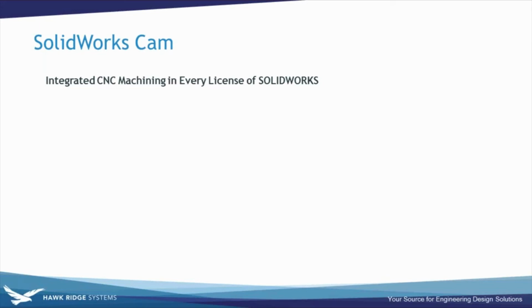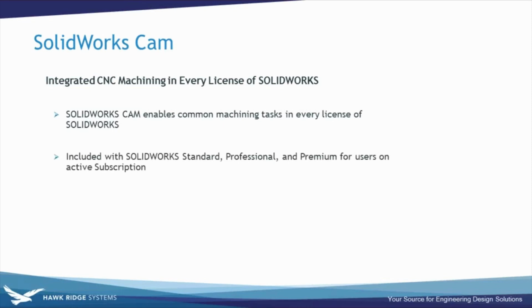It enables common machining tasks in every license, and it's included with SolidWorks Standard, Professional, and Premium only for users on active subscription. So it's very important to keep that subscription current and up to date.